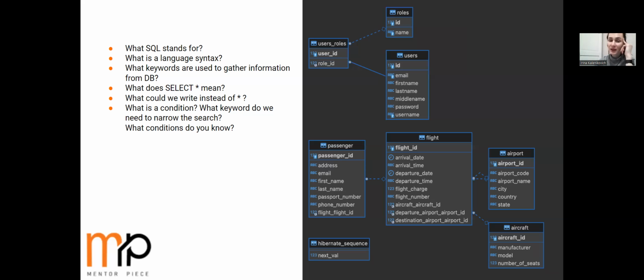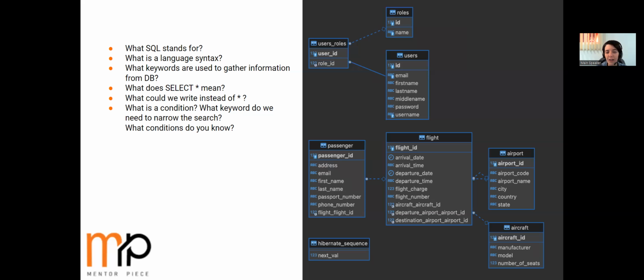The star means that we want to take all the information from the table, or whatever we write after the star. Yeah. Okay. So it means that we need all the fields. Yes, all the information that is included in the fields.